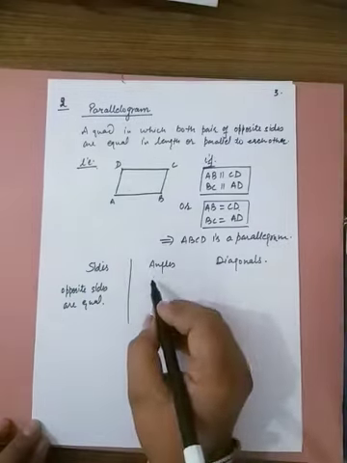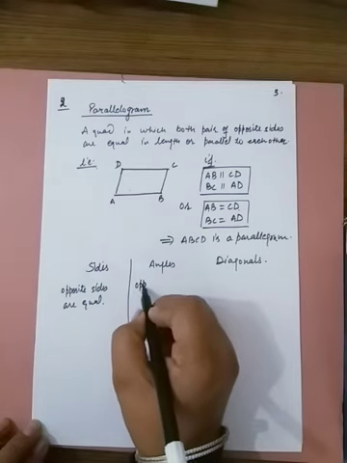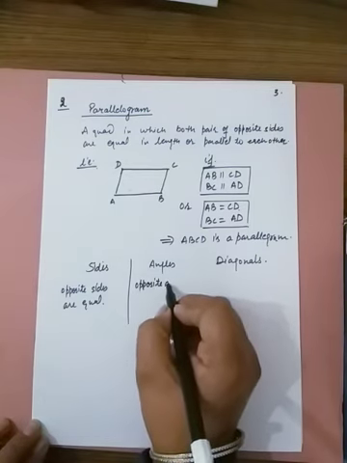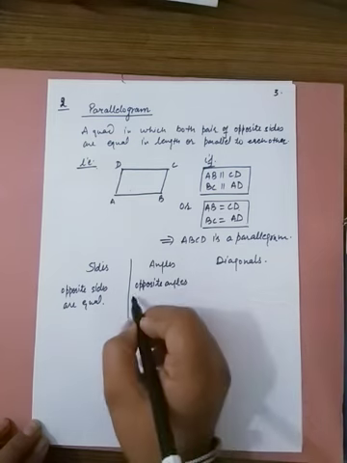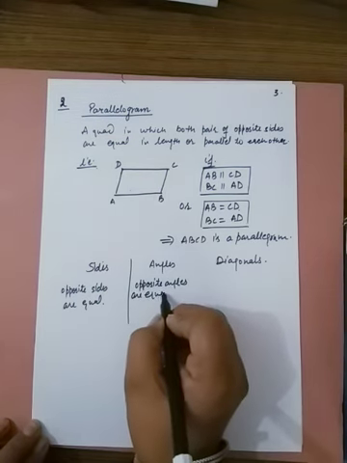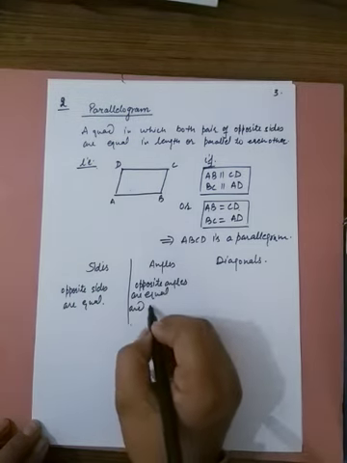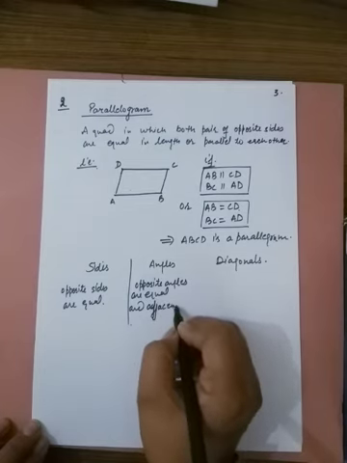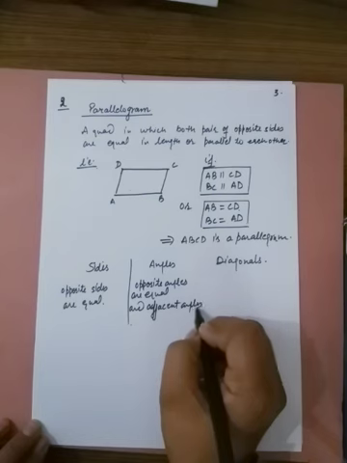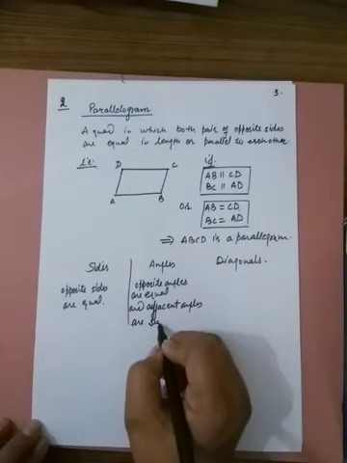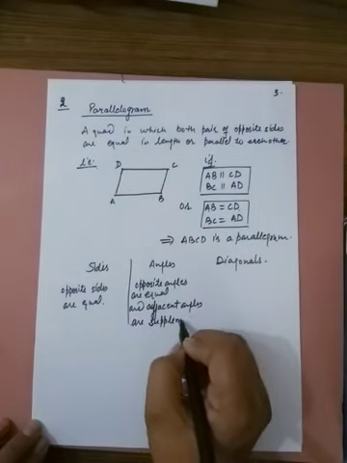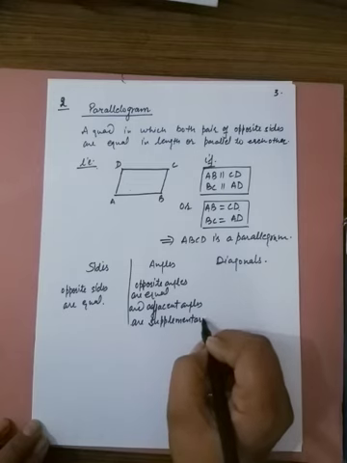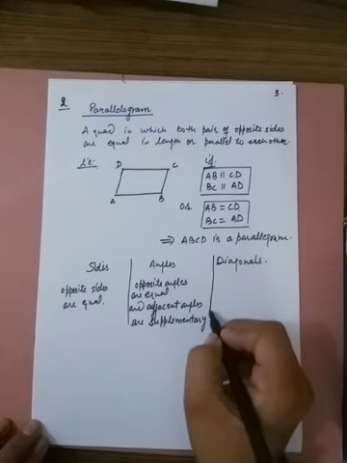And what can we say about the angles? Opposite angles are equal and adjacent angles are supplementary. Supplementary means their sum is 180 degrees.